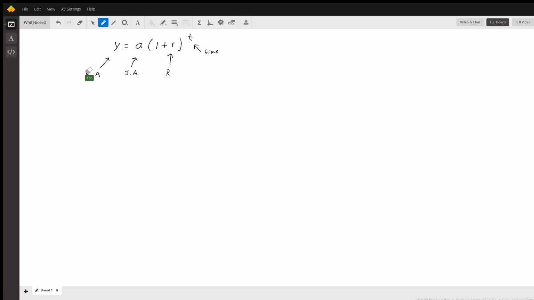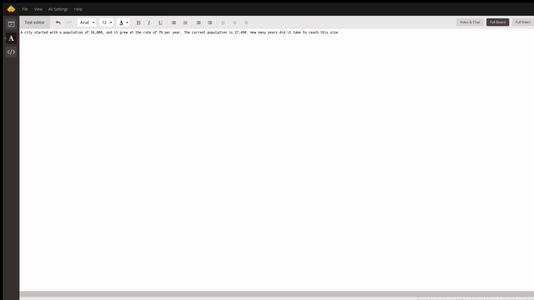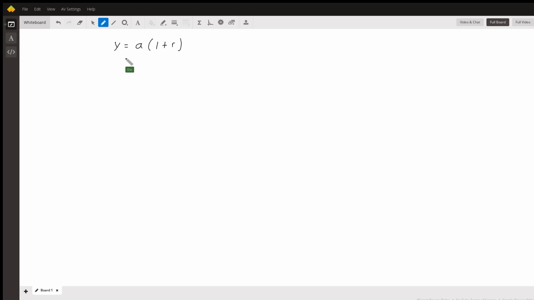So now that we know our exponential growth formula, we're going to take a look at the problem. We know that a city started with a population of 16,000, so our a is going to be 16,000, times 1 plus r.